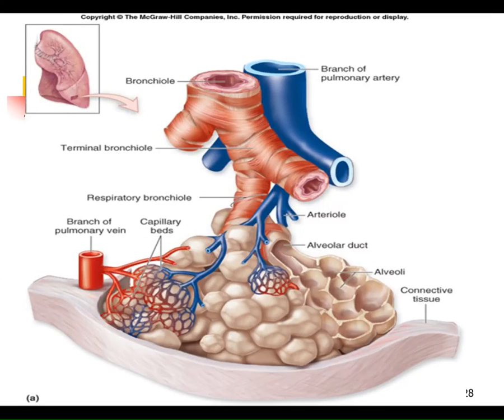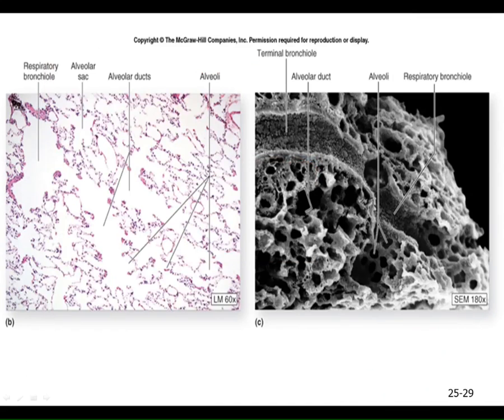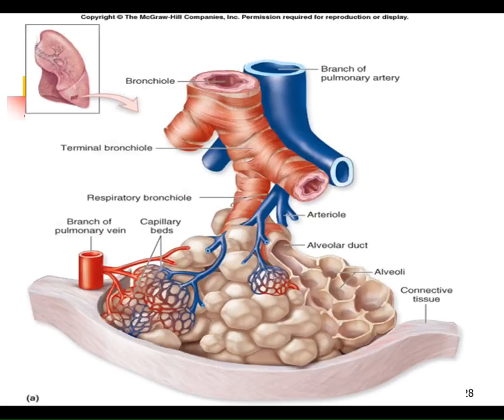Now, what happens when we get all the way down to the microscopic structures? Now, think about this. This is the pulmonary side. So you know that the red and blue, and everything's reversed on us color-wise. So blood is going to be coming down into your lungs, and this is going to be coming in on pulmonary arteries and pulmonary arterioles, right?